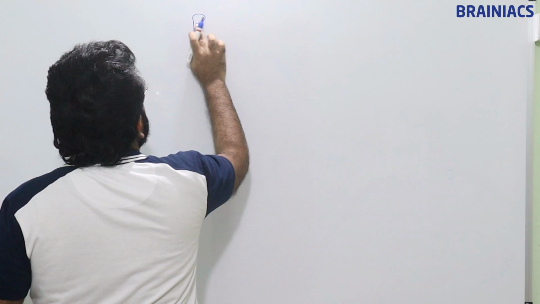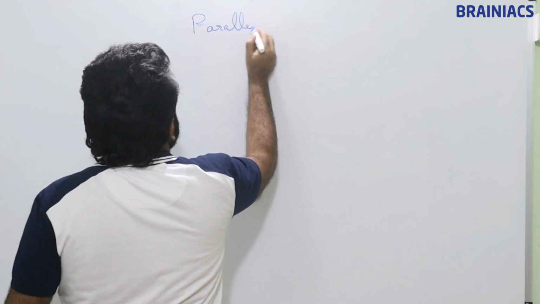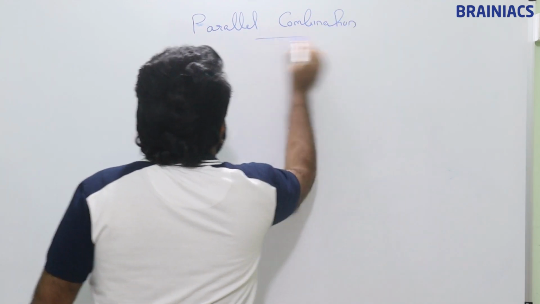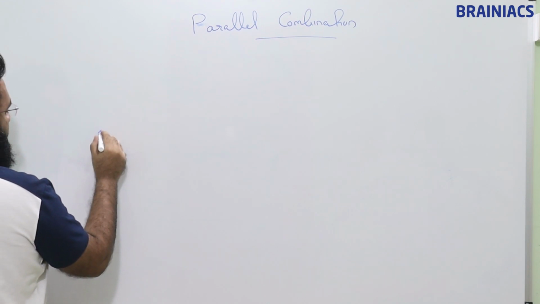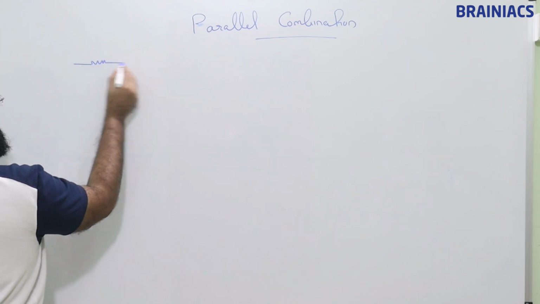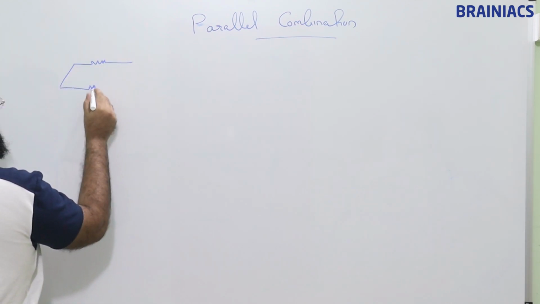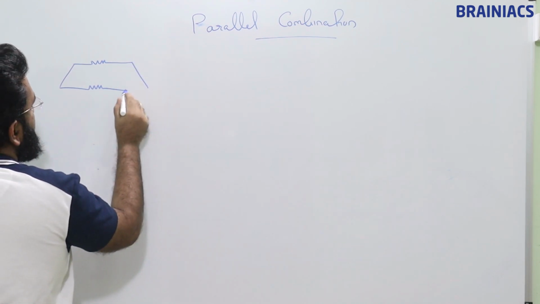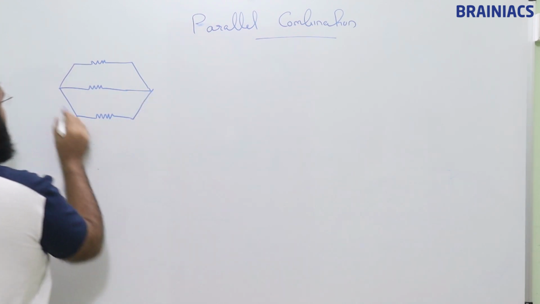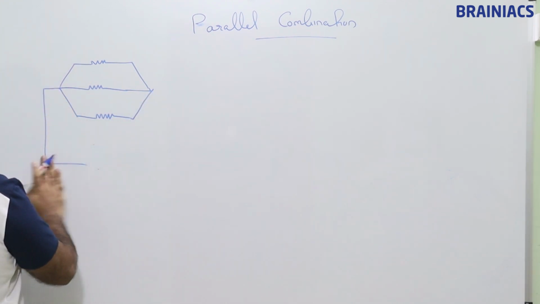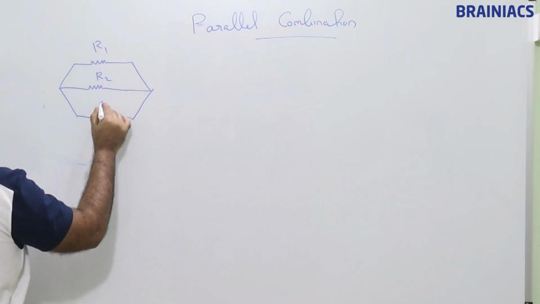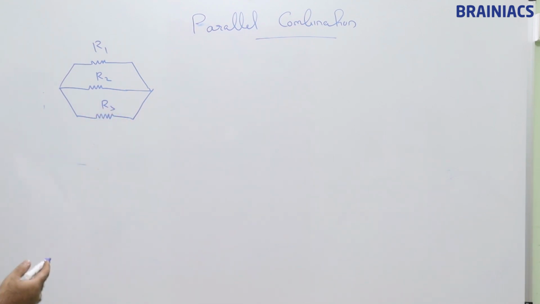Parallel combination. Okay, suppose three resistances R1, R2 and R3 are connected like this.